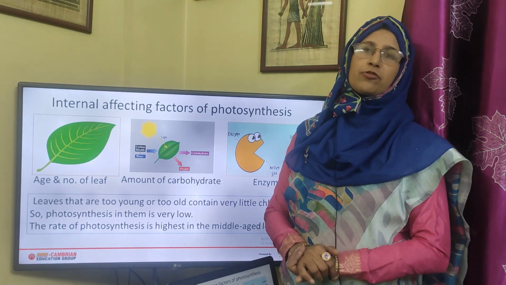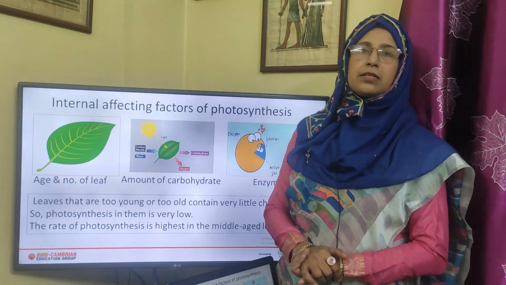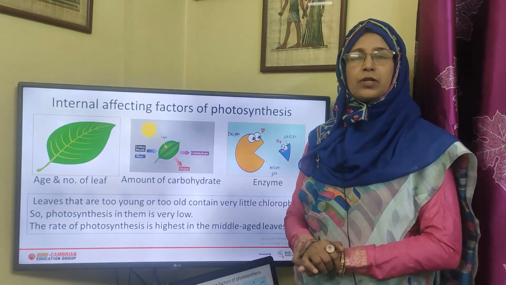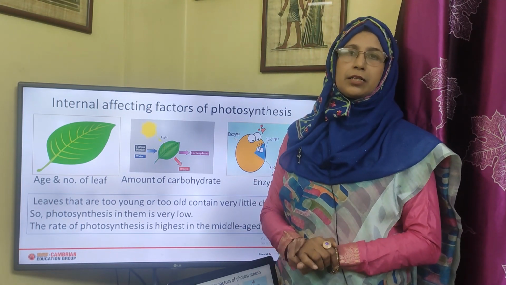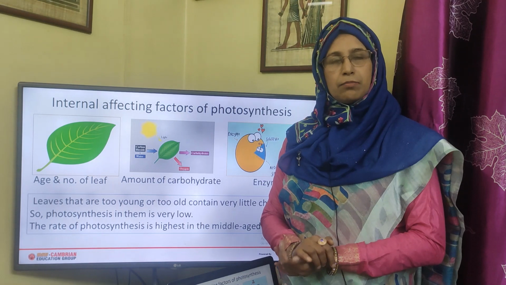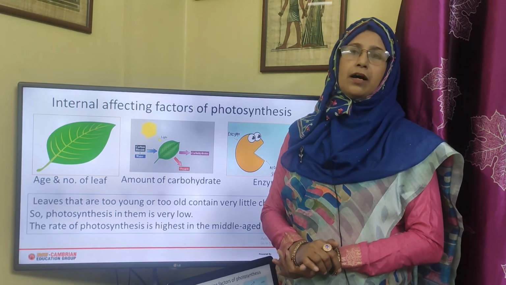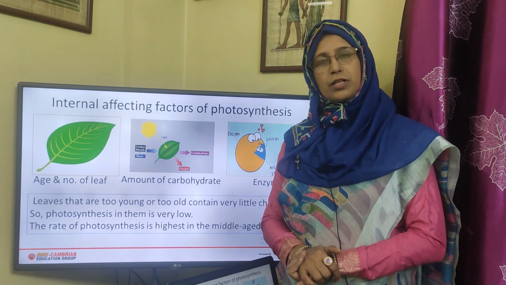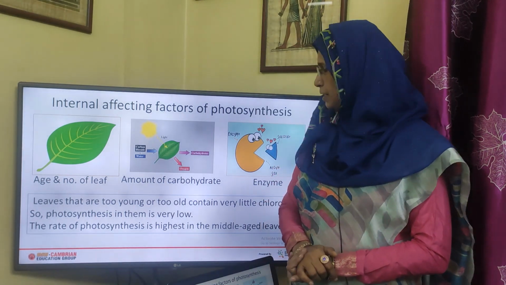For any kind of reaction in photosynthesis, enzymes are needed. So if the chlorophyll is increasing, then the activity of these enzymes will be in shortage, so the rate of photosynthesis also decreases.